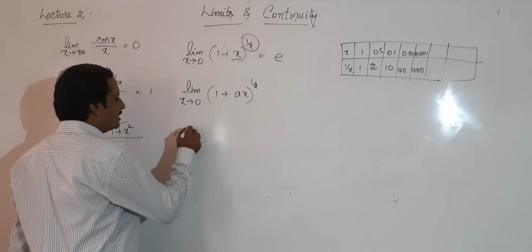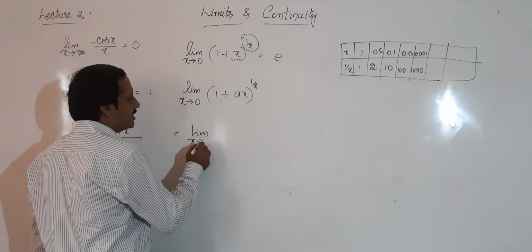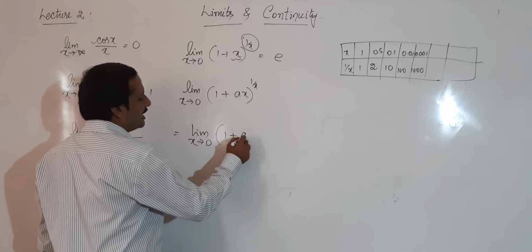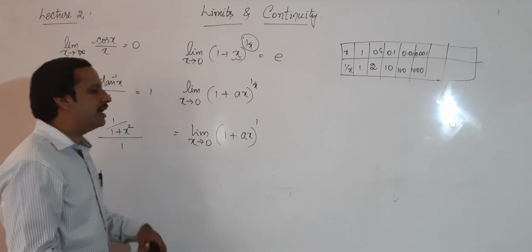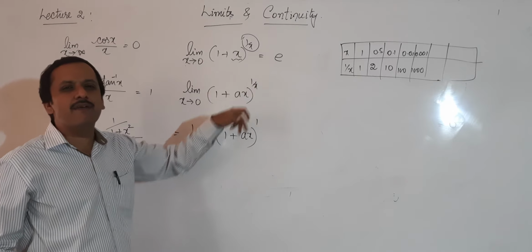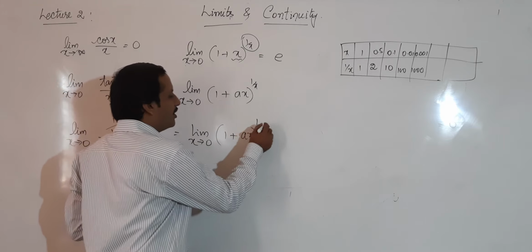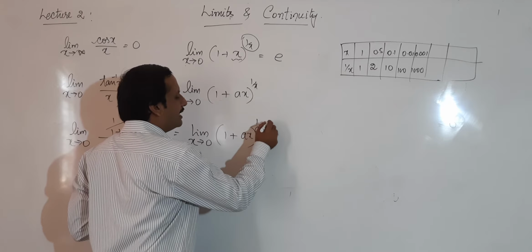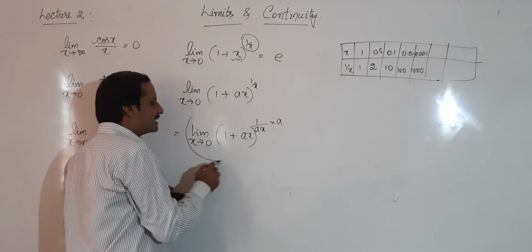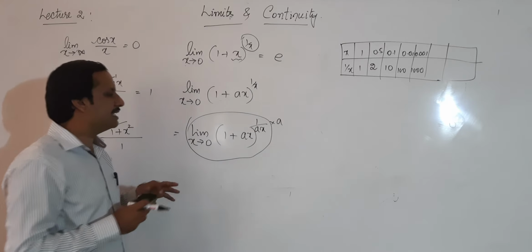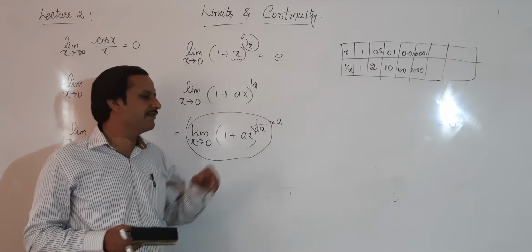Then what we do is limit x tends to 0, 1 plus ax. Here I said we want the reciprocal of this. Here we have ax. So there in the power we want 1 by ax. So I will go for 1 by ax into a. I am multiplying and dividing by a. Now as x approaches 0, 1 plus ax to the power 1 by ax will become e.